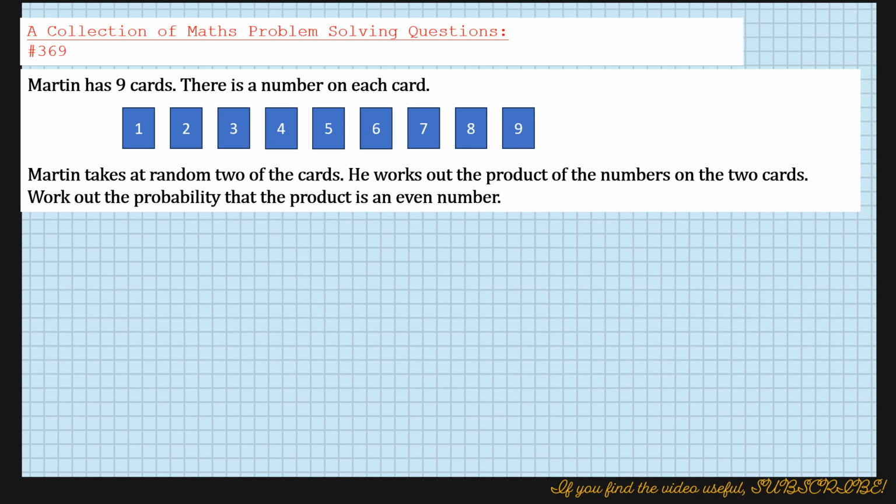And for this one, what we start with is the total number of ways he can pick the 2 cards at random.